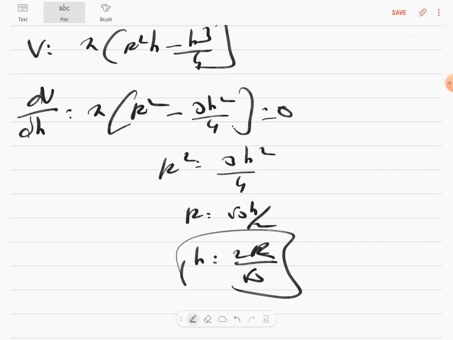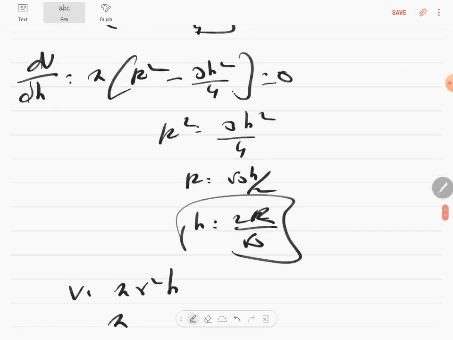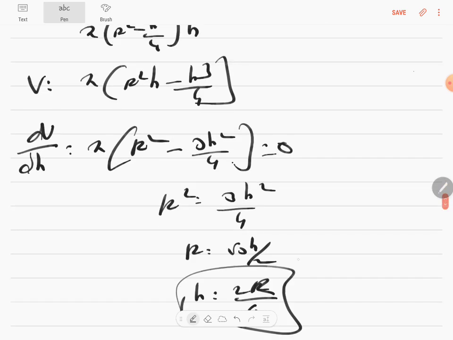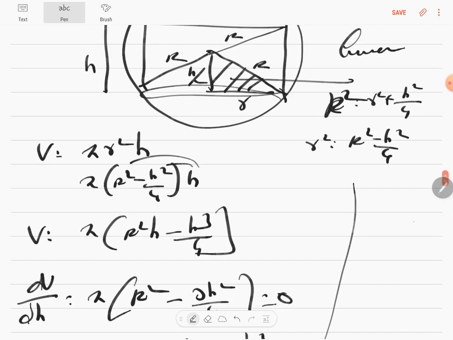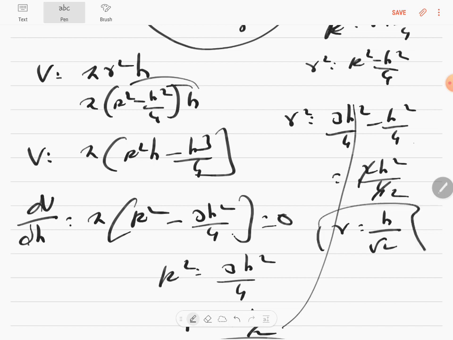Find the maximum volume. What is the volume of the cylinder again? Is pi small r square h. Pi into what is small r? You don't know. You have to take this and go up. Substitute it there. So small r square is equal to capital R square, which is 3h square by 4, minus h square by 4, which is 2h square by 4, so small r is equal to h by root 2.